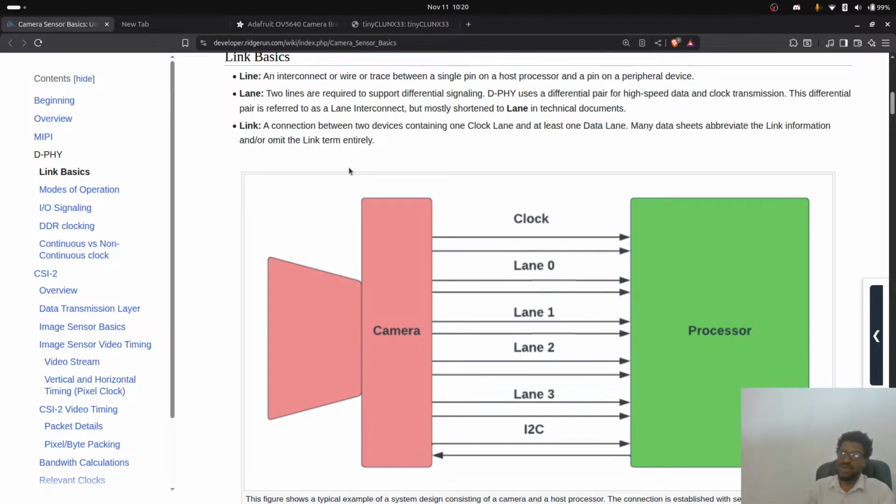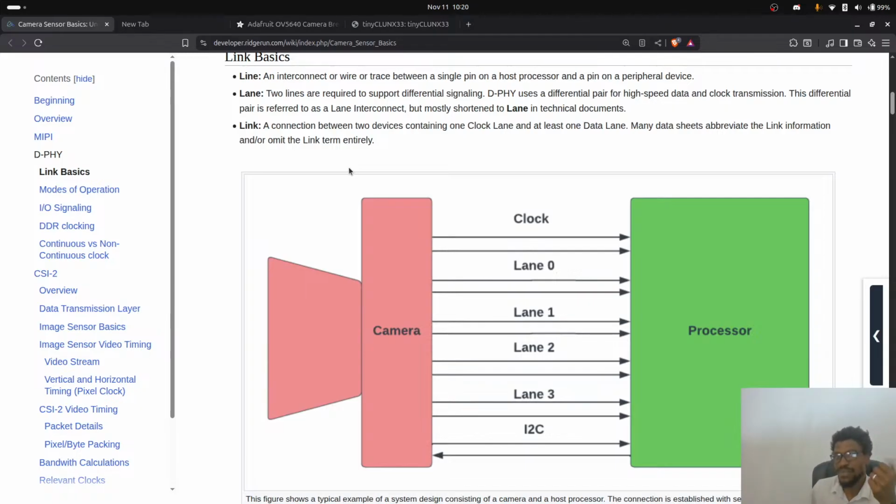Okay, so a lane is a pair of wires used to transfer data or control signals that is capable of differential signaling. We'll see what differential signaling is shortly.